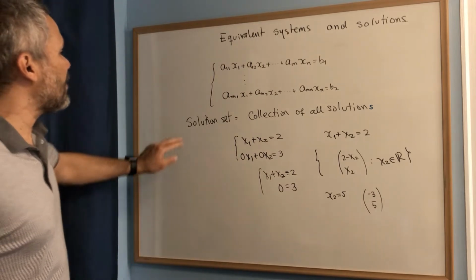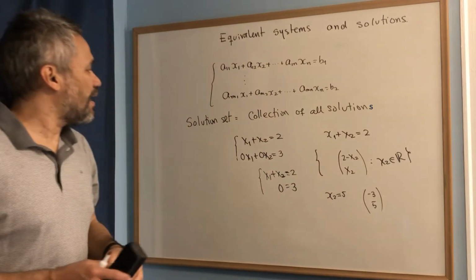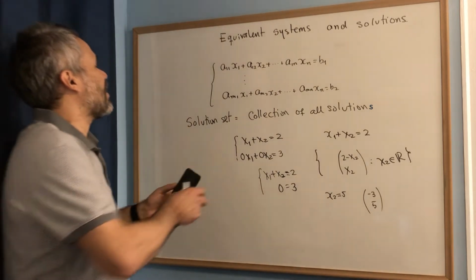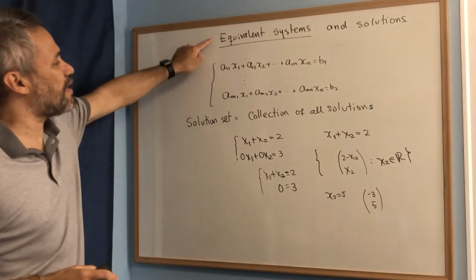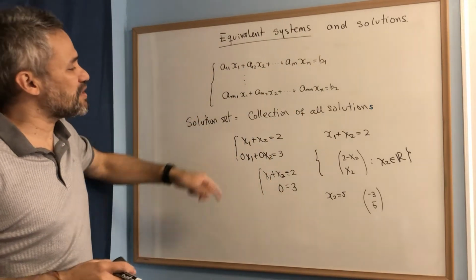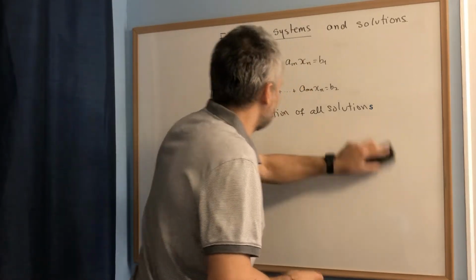Then now we have the notion of what is a solution of a system. And now we can define what are equivalent systems. We say that two systems are equivalent if the solution set is the same. And let me write that down.